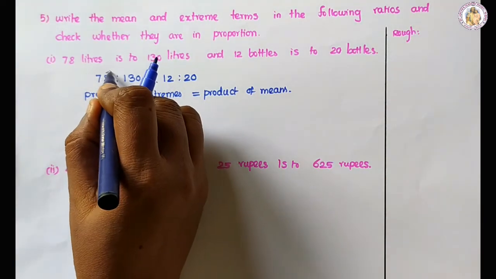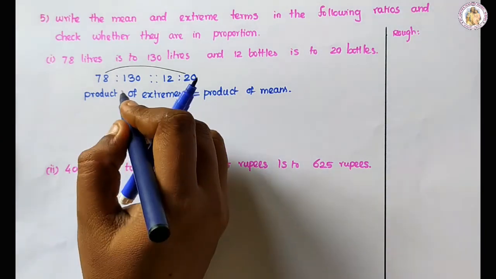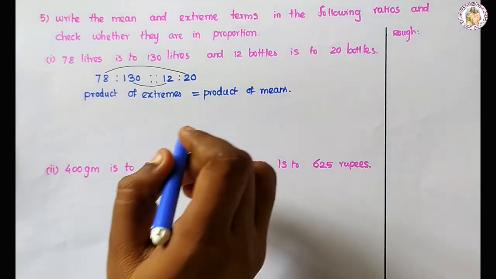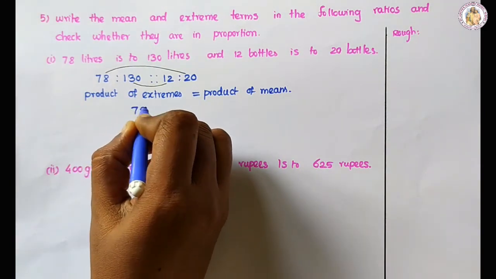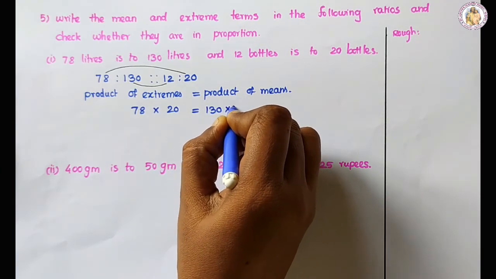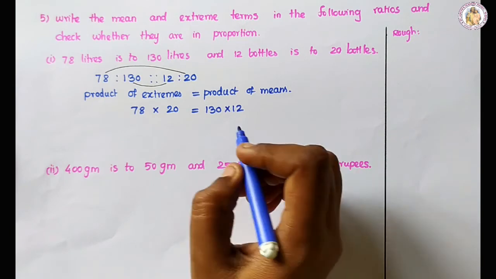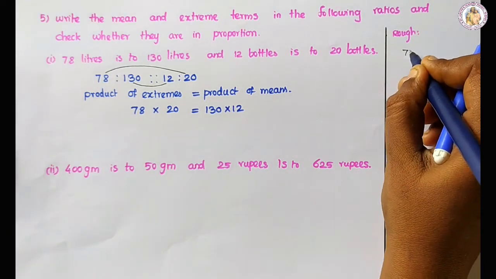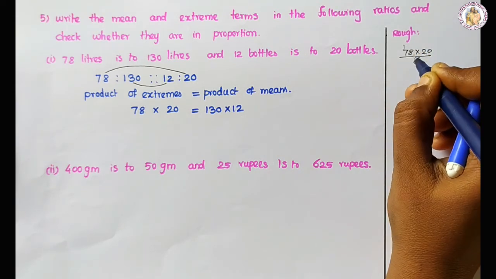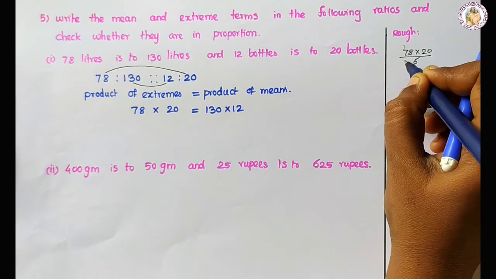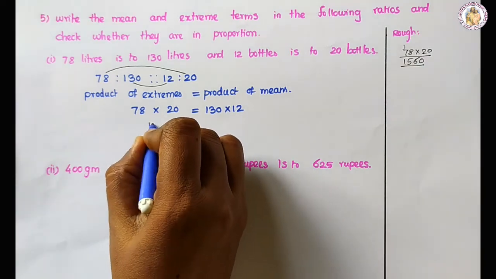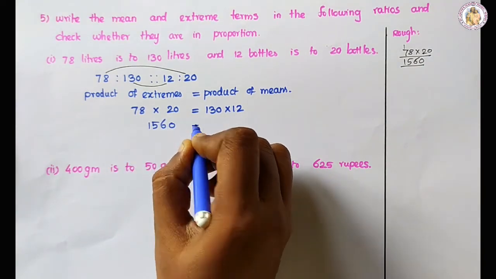Here product of extremes means 78 into 20 and here 130 into 12 is the product of means. So 78 into 20 equal to 130 into 12. Multiply that. 78 into 20. 2 8s are 16. 7 2s are 14. Plus 1 15. Put the 0 means we get 1560 here.